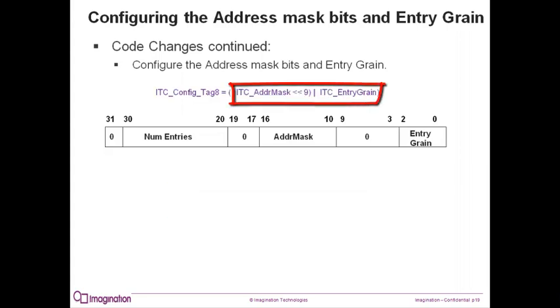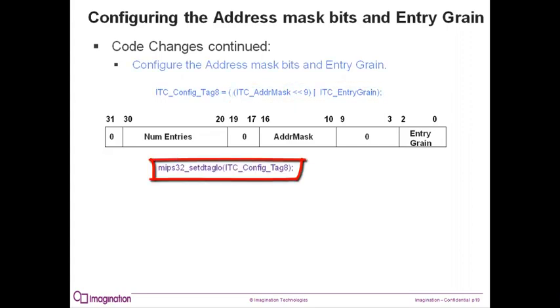Here is the code to set the address mask and the entry grain using the pound-defined values for the address mask and entry grain. This code moves the values to the data tag low register using the MIPS32 set data tag low macro.